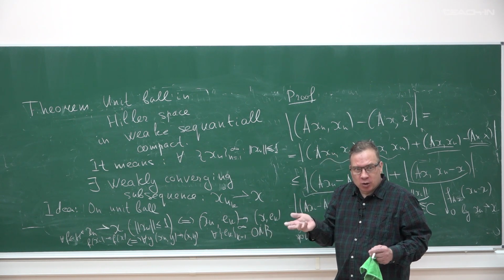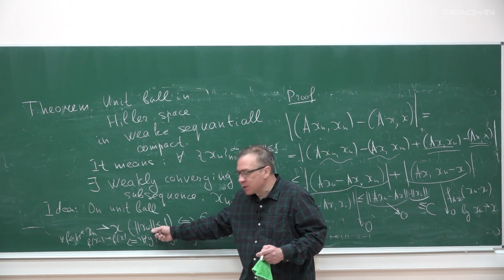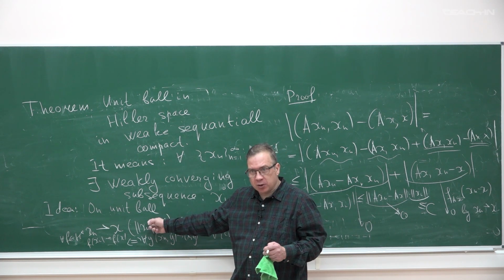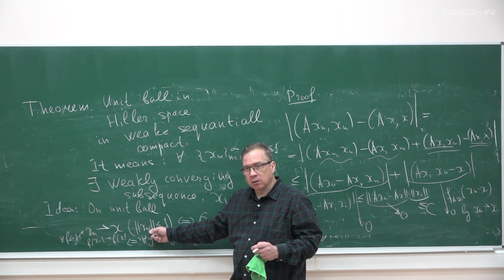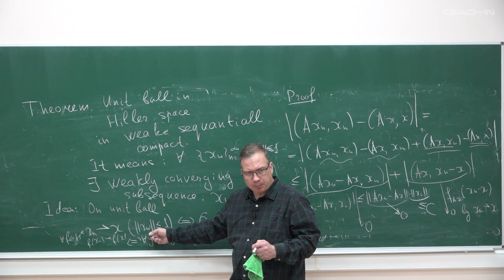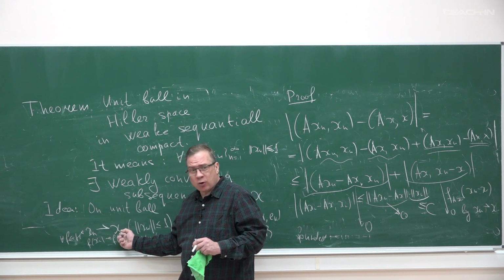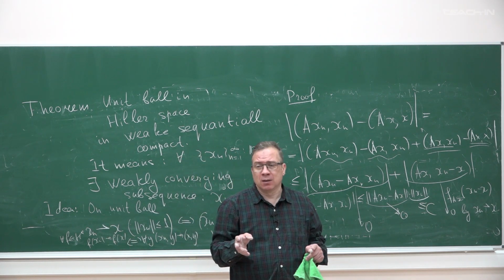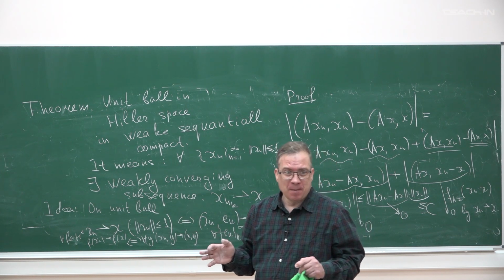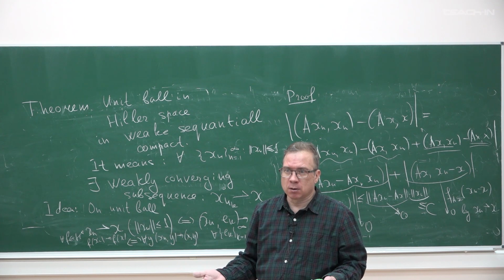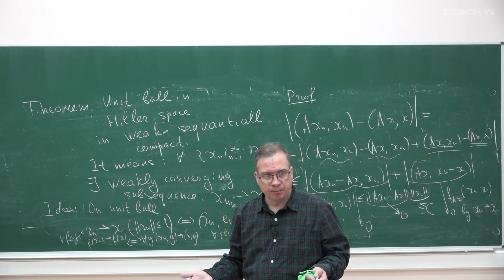So in this situation you do not need even this property. But if you want to prove the inverse, then you need the boundedness of elements xn. Because as xn weakly converges to x, it is necessarily weakly bounded, so it is bounded in norm.